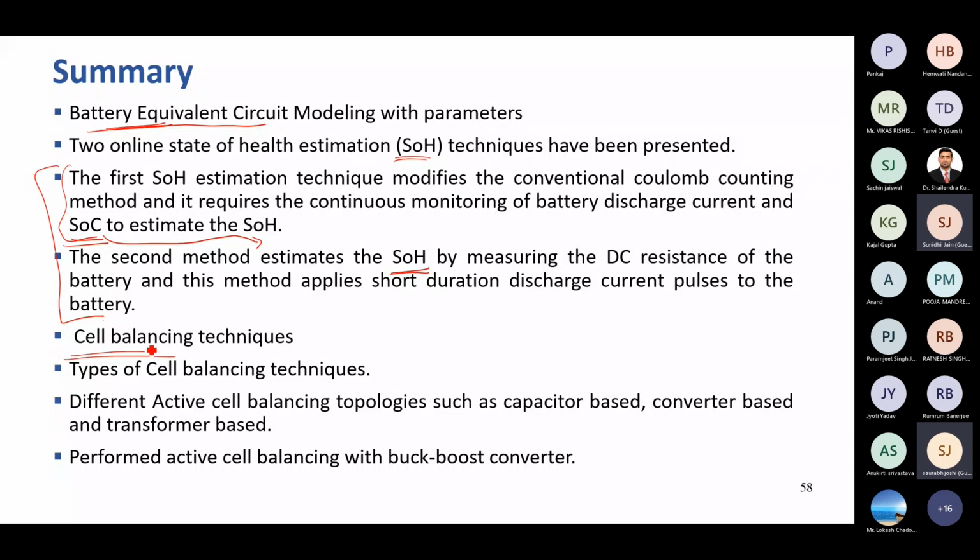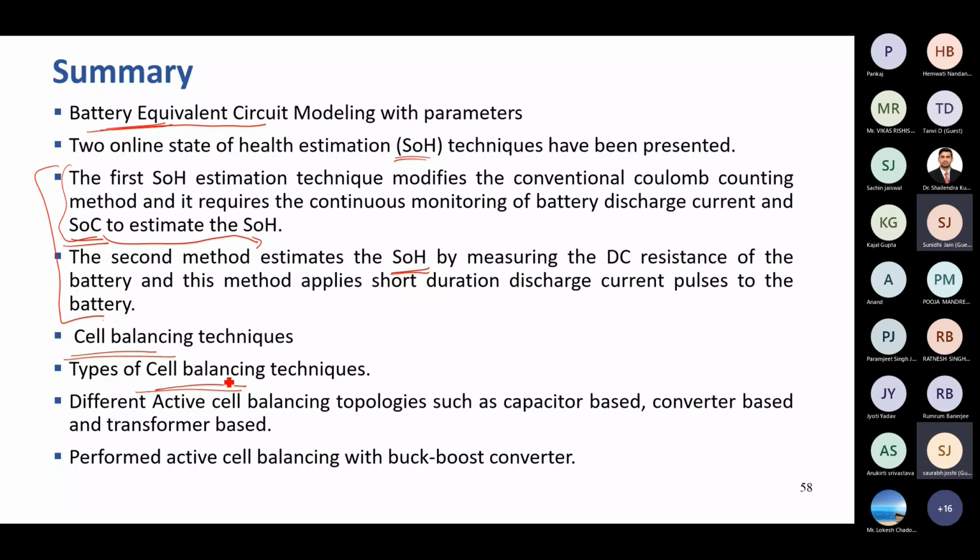Another important topic we have discussed is cell balancing techniques, what the types of cell balancing techniques are, and how we can start working on that, the basic idea behind it. What type of technique can I adopt, or if I go for research, what exactly can I choose as a configuration.